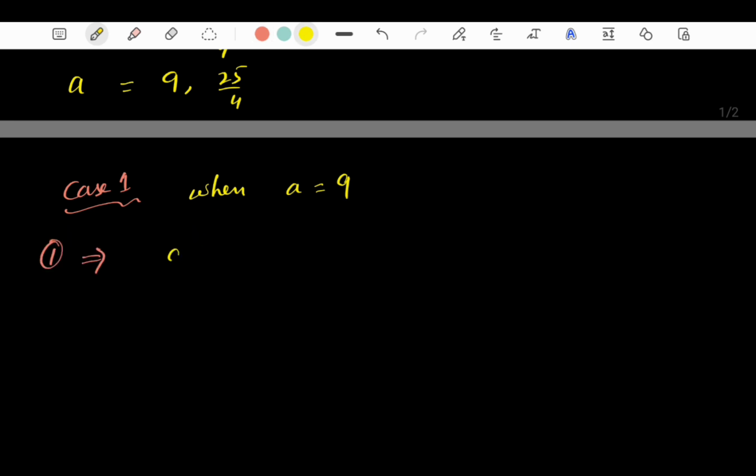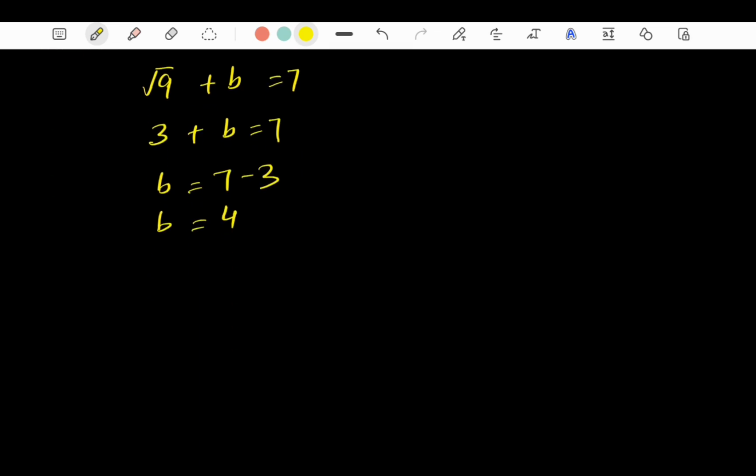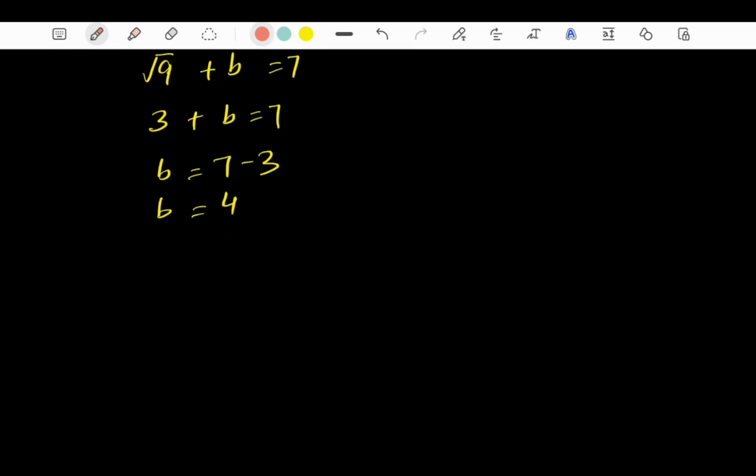We substitute the value of a here: square root of 9 plus b is equal to 7. 3 plus b is equal to 7, and b will be equal to 7 minus 3, b is equal to 4. This means we have a solution pair: if a is equal to 9, then b is equal to 4. It is the first solution for the first case.